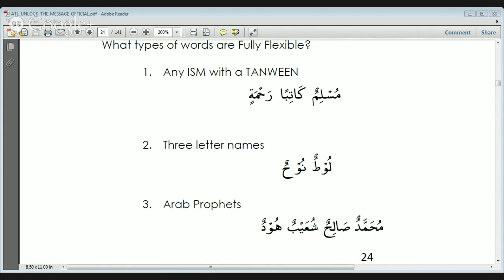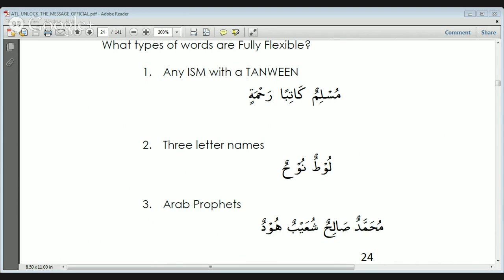An ism is considered heavy unless proven light. Meaning, if an ism has tanween, by default, there must be a reason to make it light.